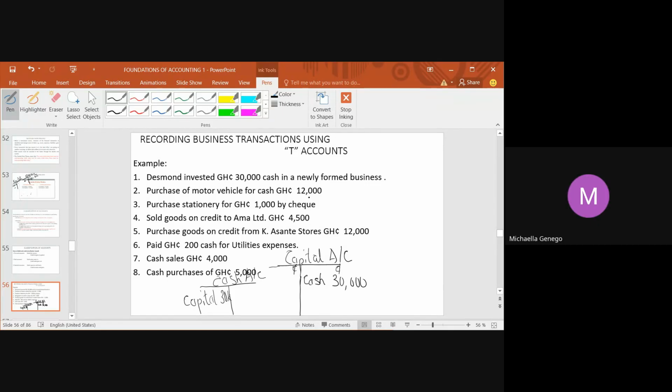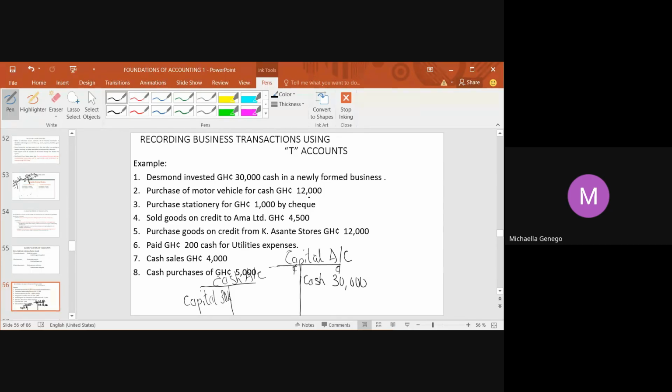So you have to look at the details of the transaction. It's telling you that we purchased motor vehicle for cash. Motor vehicle is an expense to the company that the company is purchasing, but the company is increasing its assets. So in the first place, we know there's an asset, which is motor vehicle.